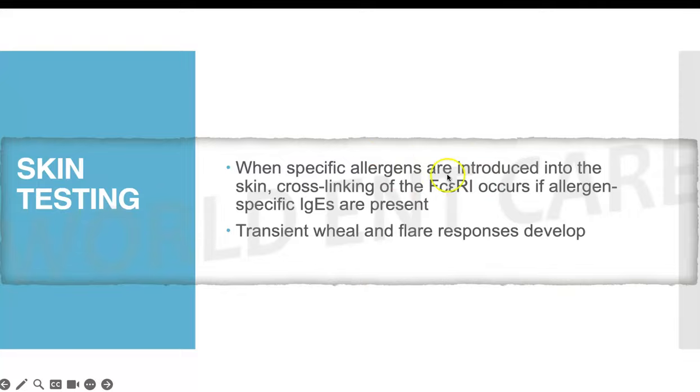So cross-linking of this receptor occurs if allergen-specific IgEs are present in sufficient quantities on the cutaneous mast cells, okay. Then following this, remember, a transient wheal and flare response develops as a result of mast cell activation and release of mediators, okay.